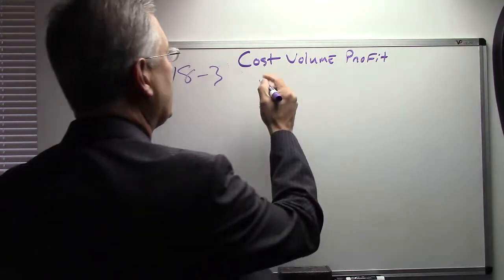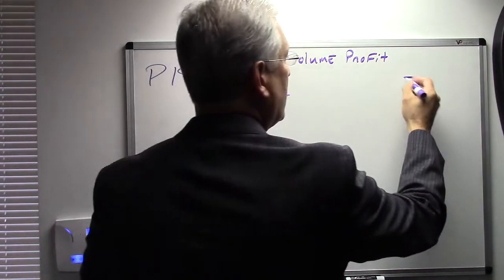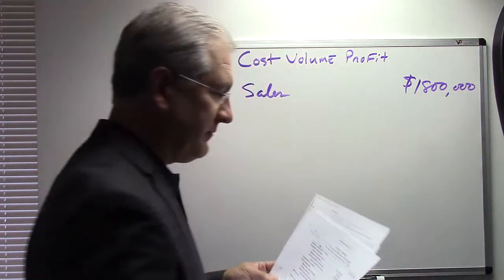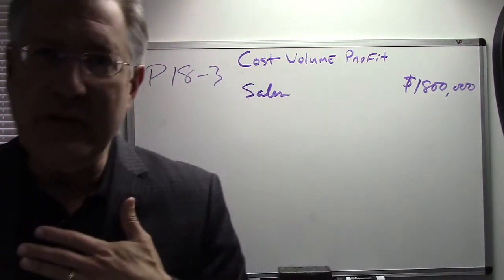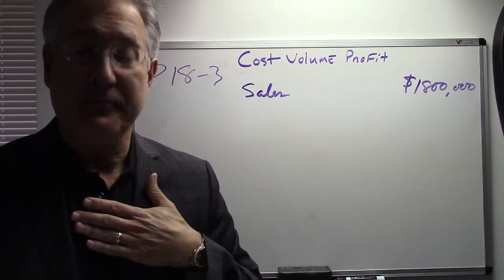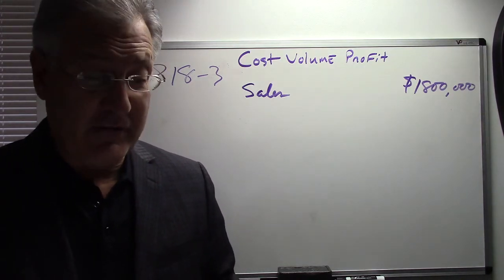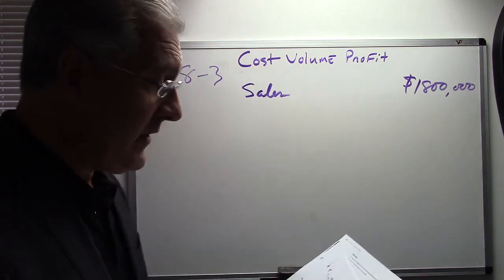We're going to have sales, which is $1,800,000. Now, it's important that we figure out how many units that represents, because at some point we're going to want to know the number of units to calculate our break-even point.